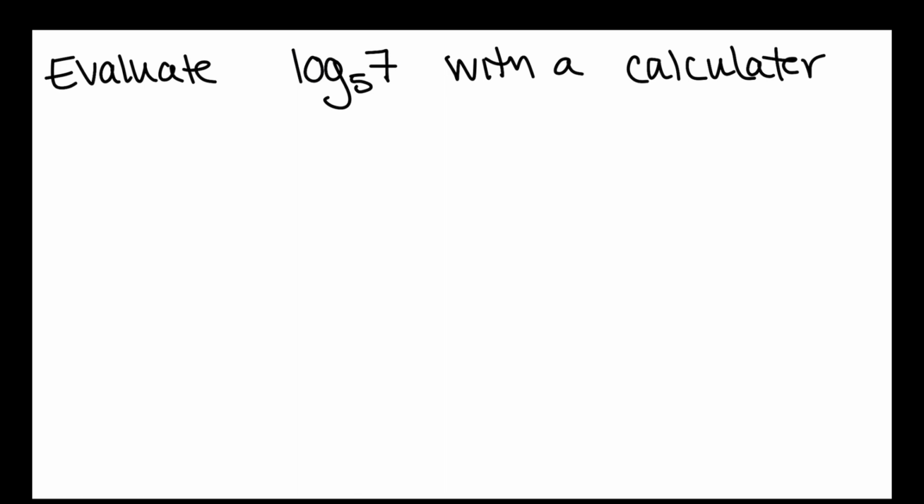And one reason the change of base formula is useful is it's going to help us evaluate logs using a calculator. So if I want to evaluate log base 5 of 7, this is something that I have to use a calculator to do. Because 5 to what power equals 7? Well, it's not going to be a nice whole number or even an integer negative number.